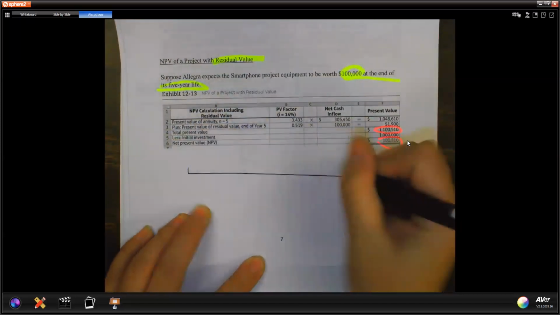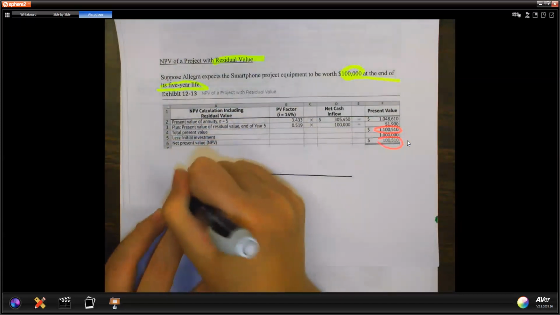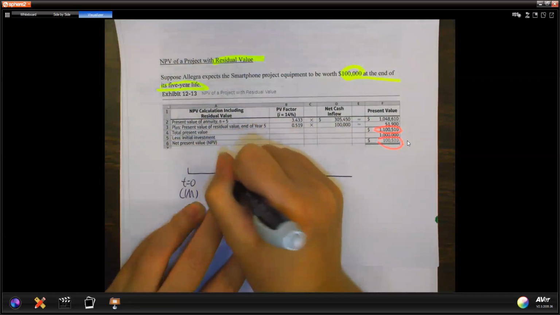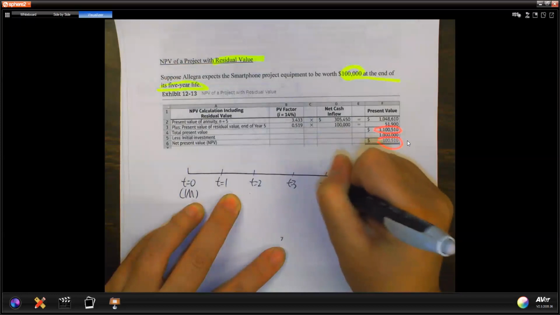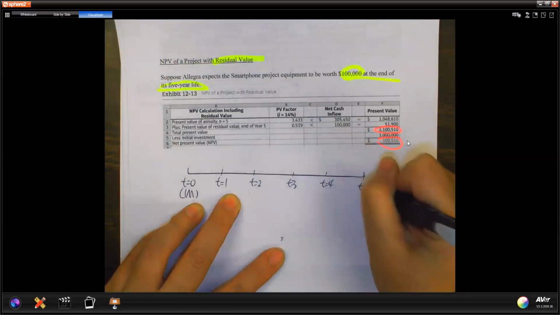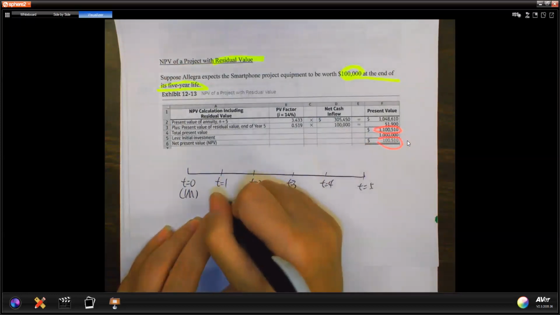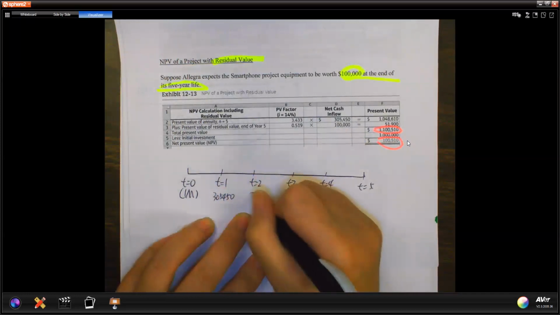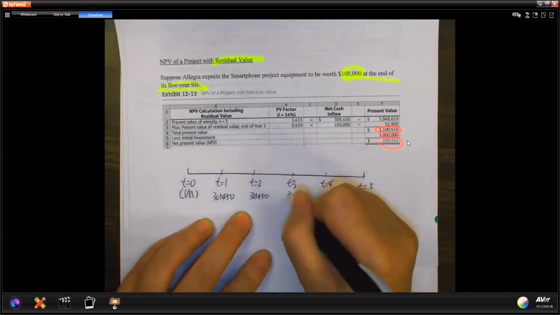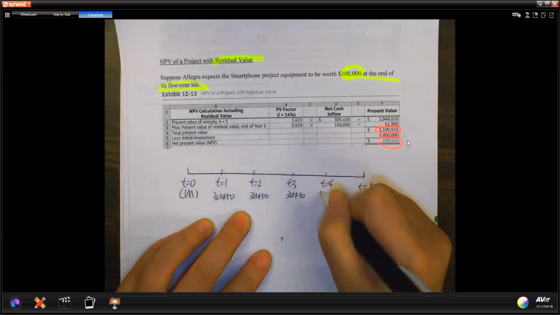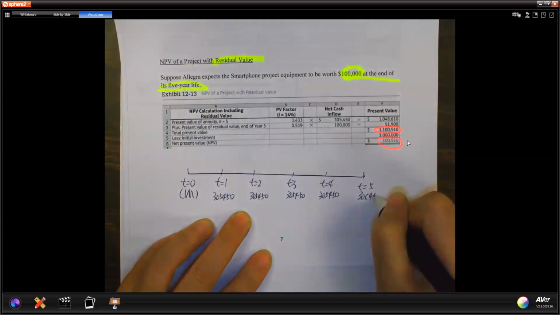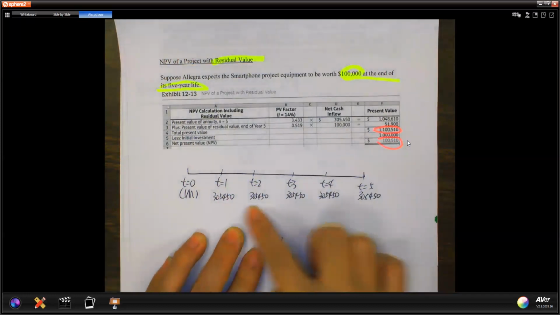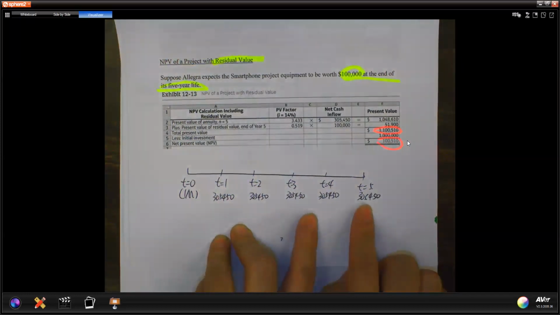Sorry. So you spend $1 million at the beginning, and then every year, t equals 2, t equals 3, t equals 4, t equals 5, you get 305, 450. So every year you get the same cash flow, 305 or 450.